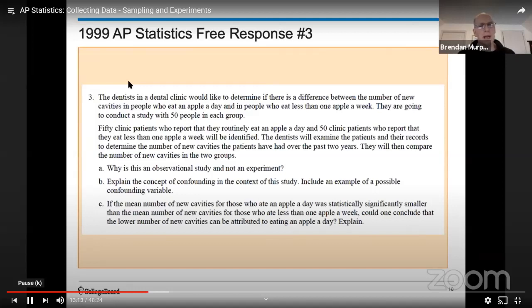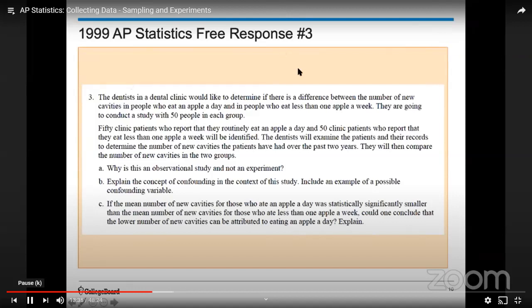So at first I was thinking maybe this is an experiment, and now I'm leaning more towards an observational study. It feels like we've identified some people and the dentists have just looked at their records and made some notes or something. They will then compare the number of new cavities in the 2 groups.